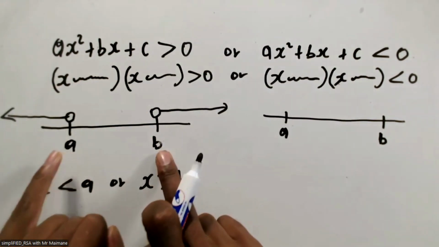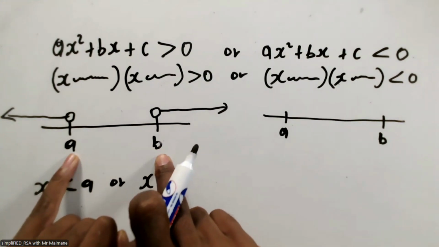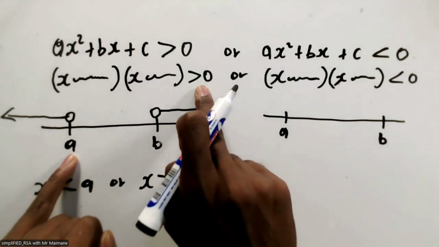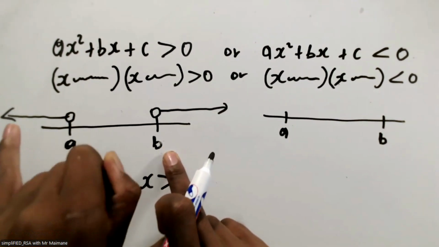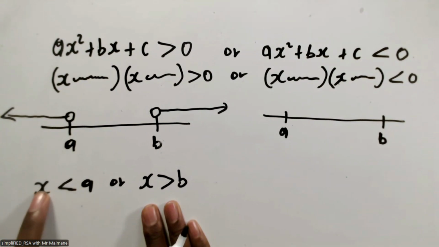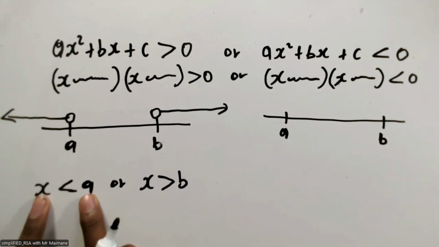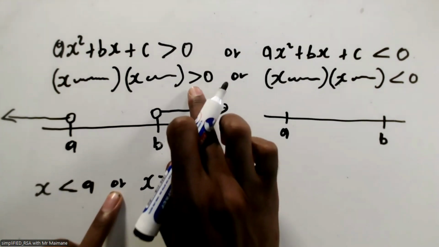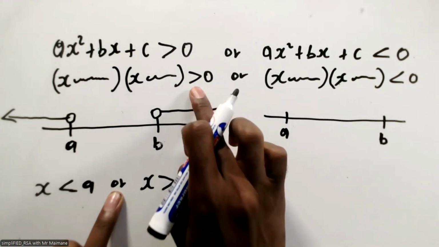Whether it's a positive number or a negative number or both negative numbers, it doesn't matter. But the bigger number takes the original sign, the smaller number goes in the opposite direction, and that is your solution. You take it as it is: x is less than the smaller number, or x is greater than the bigger number. That's when you have a situation of greater than.